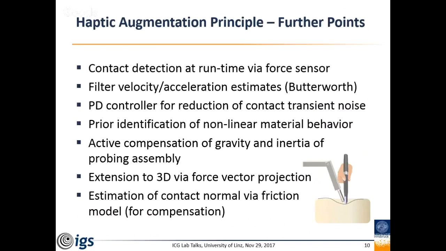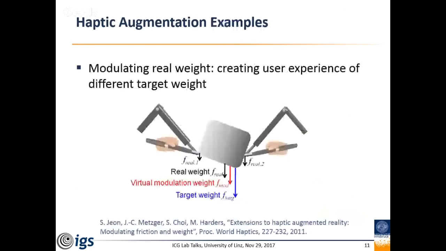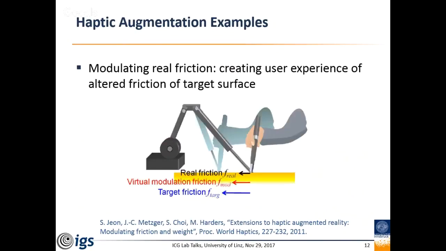But this idea we have used in different contexts. For instance, to change the weight of objects, so you lift up an object and move it around and make it heavier or lighter. Then to change the feeling of surfaces, so that if you move over a surface, it appears to be of a different material.